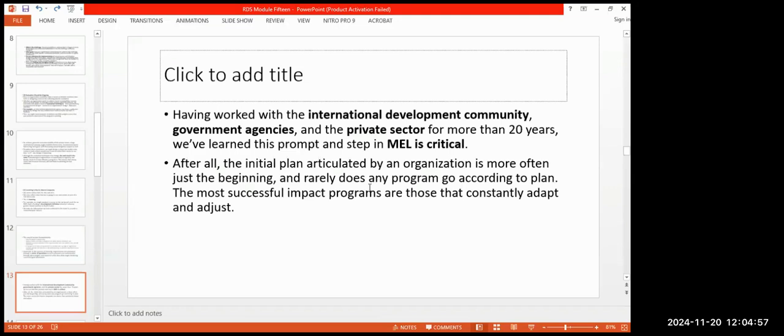Without appreciating MEL, you are unlikely to make a convincing case to anybody interested, or to a stakeholder interested in what you are doing.